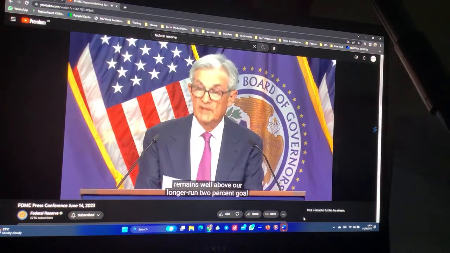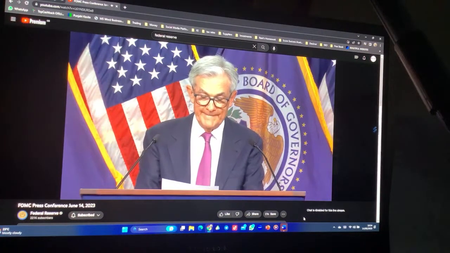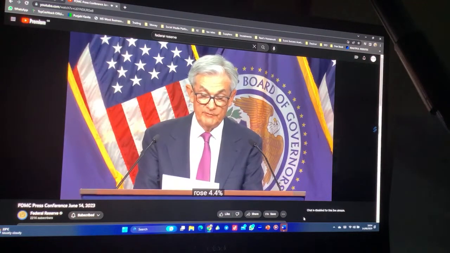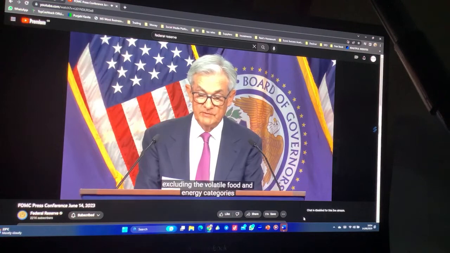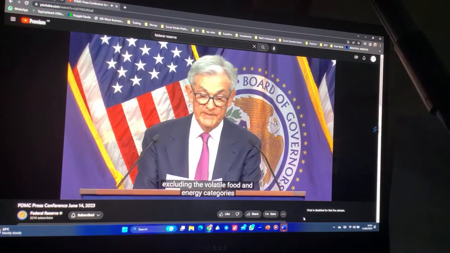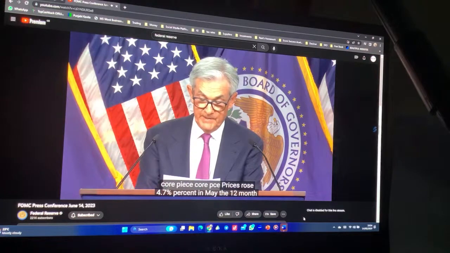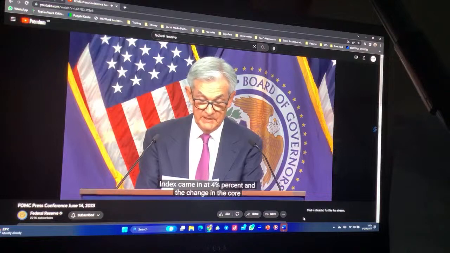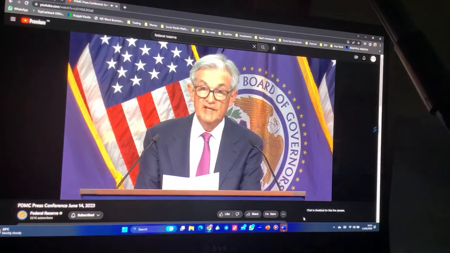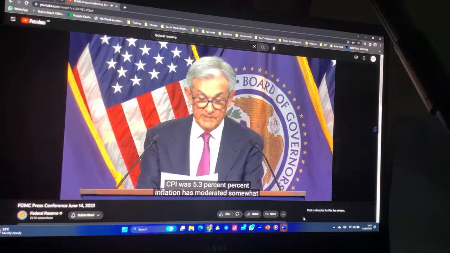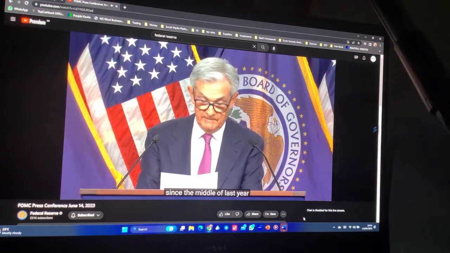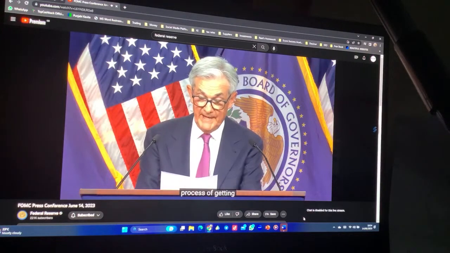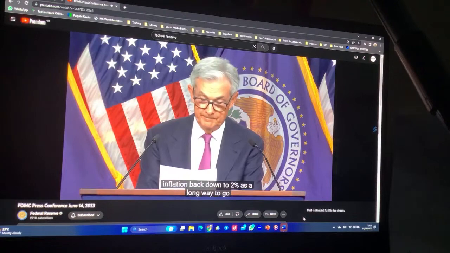Inflation remains well above our longer-run 2% goal. Over the 12 months ending in April, total PCE prices rose 4.4%. Excluding the volatile food and energy categories, core PCE prices rose 4.7%. In May, the 12-month change in the Consumer Price Index came in at 4%, and the change in the core CPI was 5.3%. Inflation has moderated somewhat since the middle of last year. Nonetheless, inflation pressures continue to run high, and the process of getting inflation back down to 2% has a long way to go.